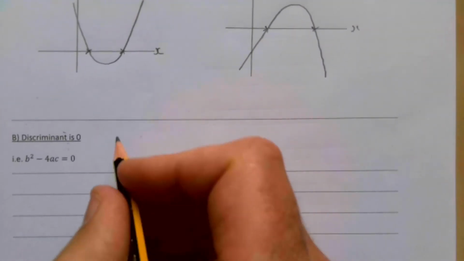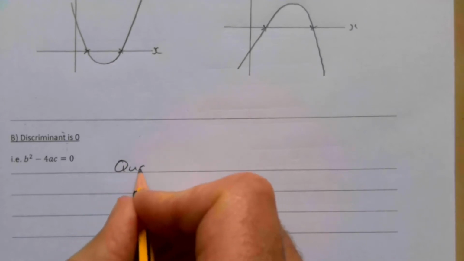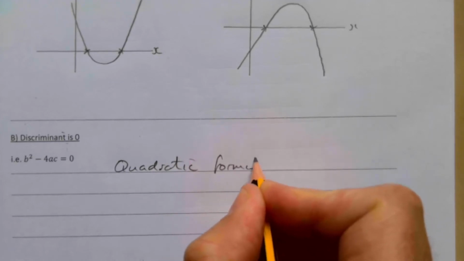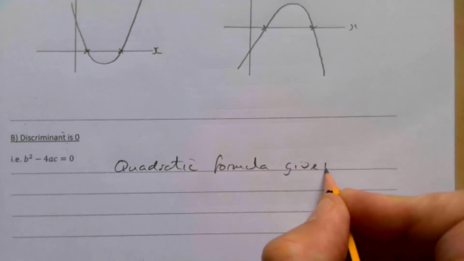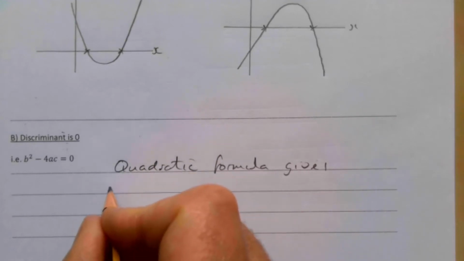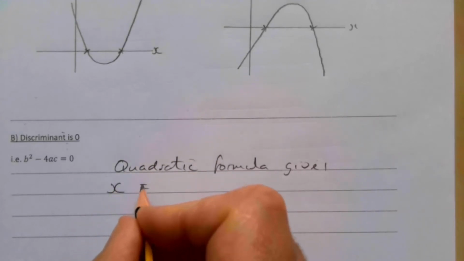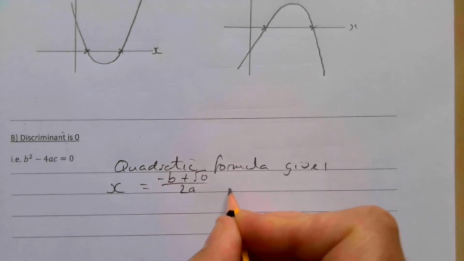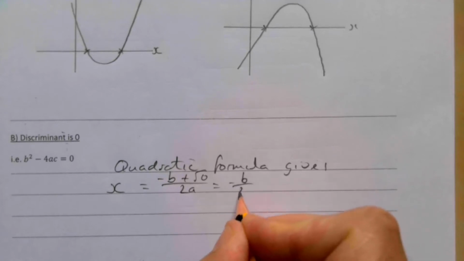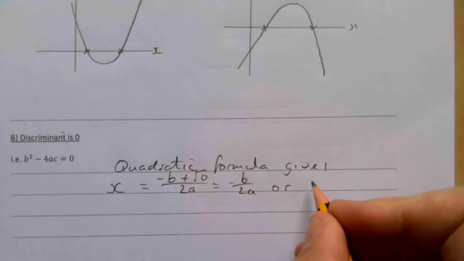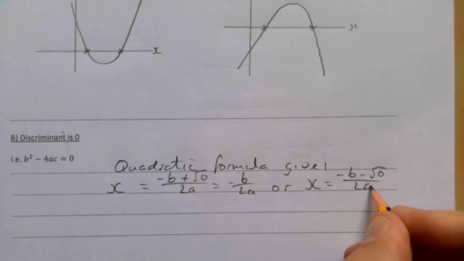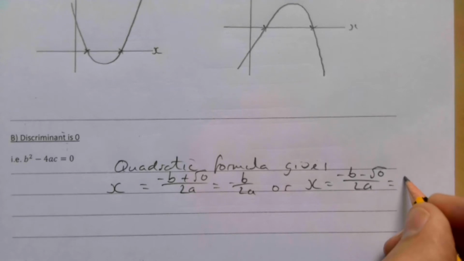And in that scenario, x equals minus b plus the square root of 0 all over 2a, which is obviously minus b over 2a, or x equals minus b minus the square root of 0 all over 2a, which is obviously minus b over 2a as well.